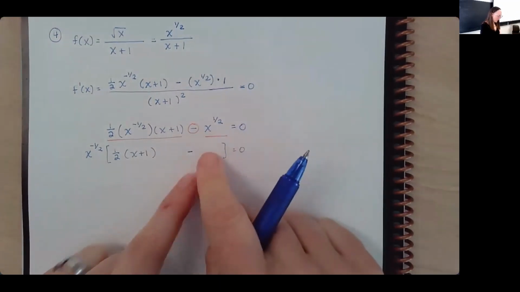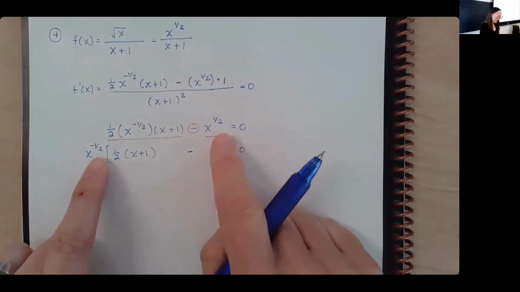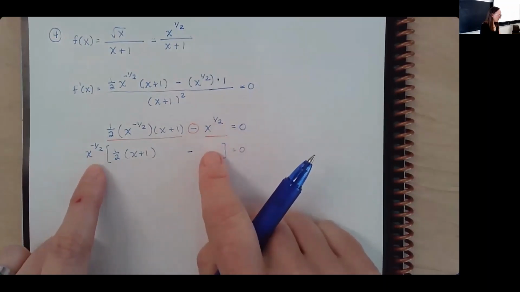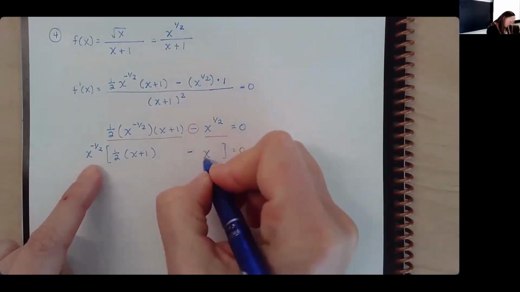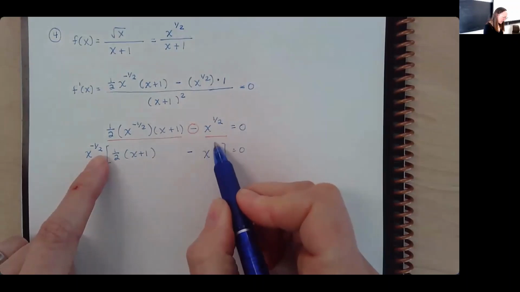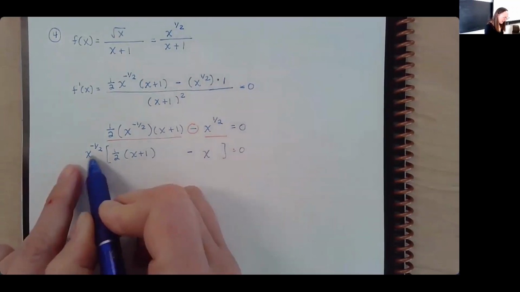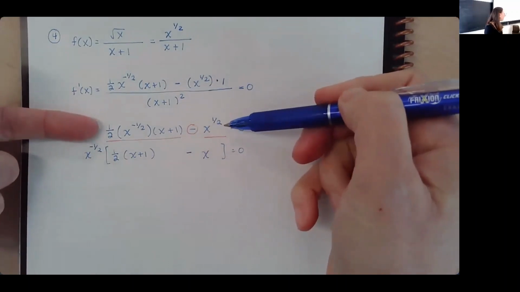The back part is always the slightly weird one. I know that these exponents don't match, but the bases do. So I need something with the same base, and I need an exponent so that when I distribute this back in, I get back to our original thing.